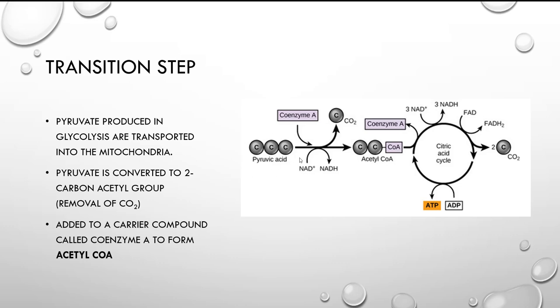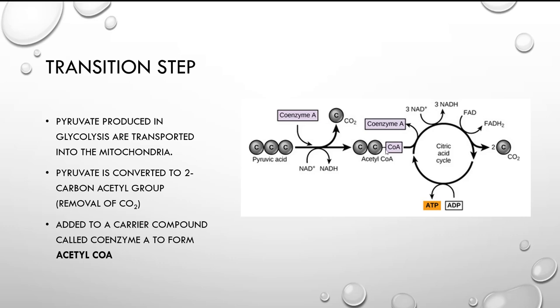So here's our pyruvate, our pyruvic acid. And you can see what is taking place here in this reaction. So in this reaction, one of the carbons is going to be stripped off to form carbon dioxide. So that's going to leave. And then the 2-carbon chain is now going to get added to a coenzyme. And you remember from last week when we talked about coenzymes, they're kind of like helpers to enzymes.